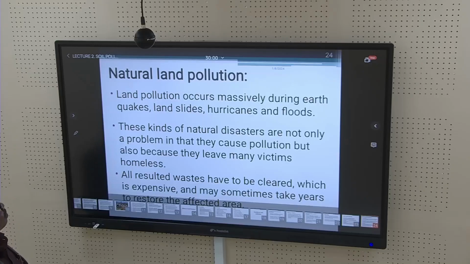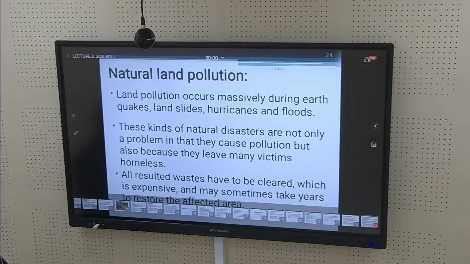Natural land pollution. Land pollution occurs massively during earthquakes, landslides, hurricanes, and floods. These kinds of natural disasters are not only a problem in that they cause pollution, but also because they leave many victims homeless.